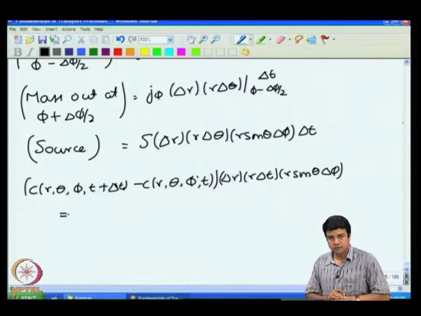This is going to be equal to the sum of all the mass in and out due to fluxes.